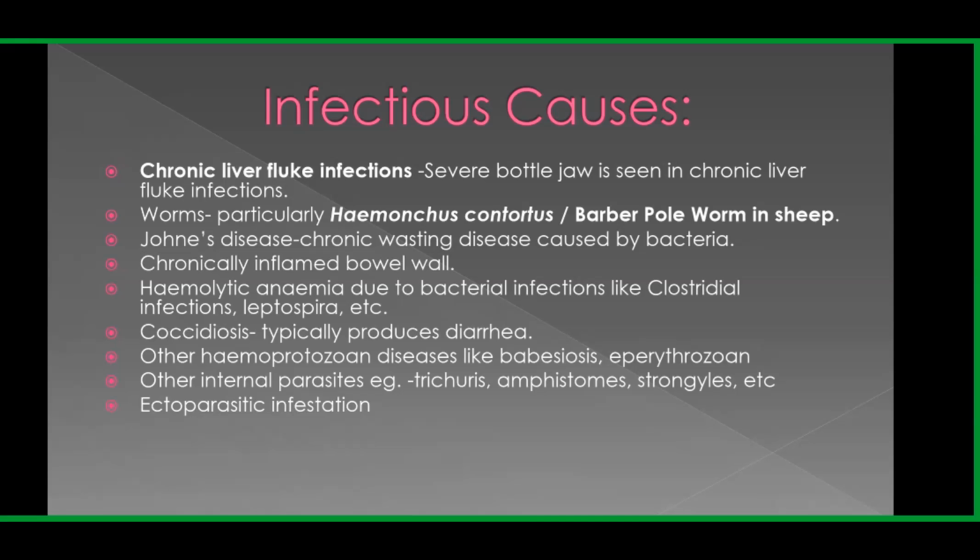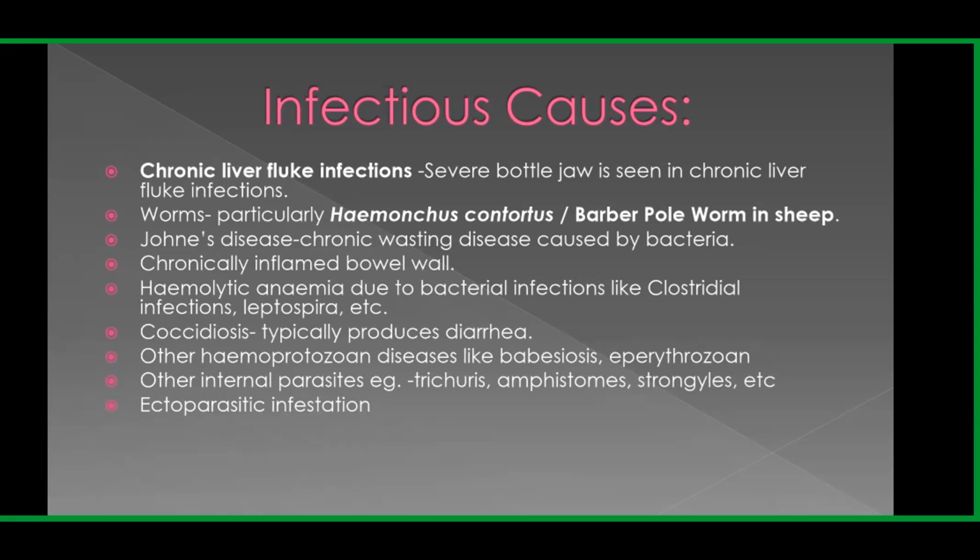Again, regarding Clostridial infections, as I said, when liver fluke is present in the animal, it affects the liver. The immature flukes traverse the parenchyma of the liver, they traverse the bile canaliculi of the liver, and they will cause damage to the liver.